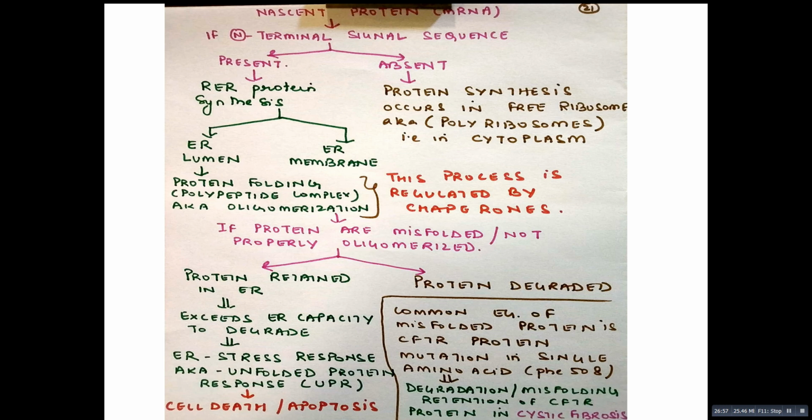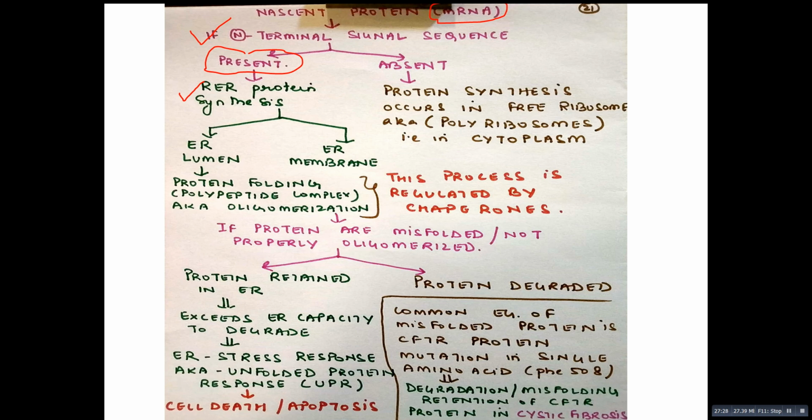If these mRNAs have an N-terminal signal sequence present, then these mRNAs will go to the rough endoplasmic reticulum and the protein will be synthesized there. After the protein is synthesized, a few proteins will get incorporated into the endoplasmic reticulum membrane, whereas the rest will remain in the endoplasmic reticulum lumen.